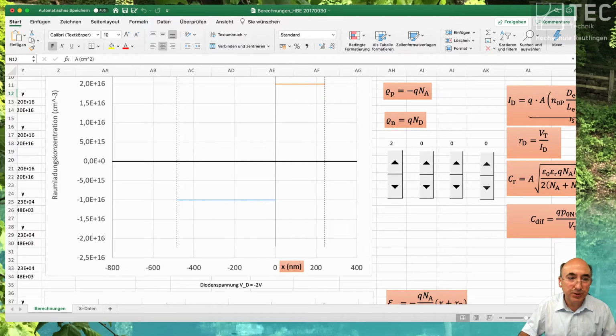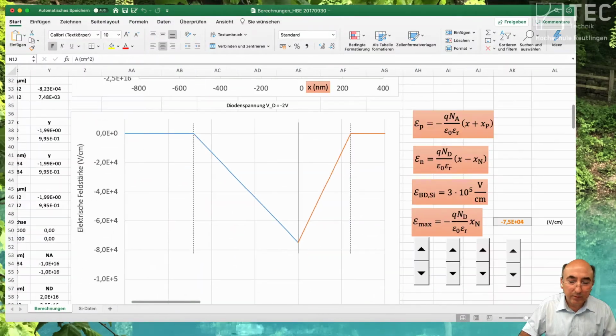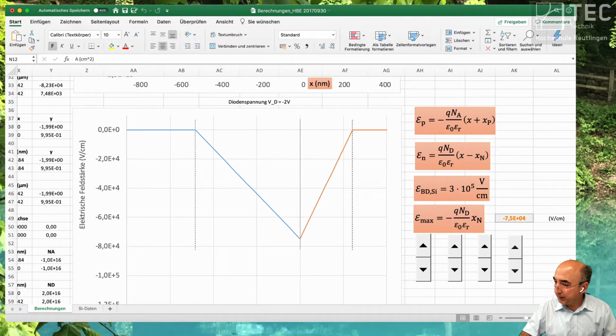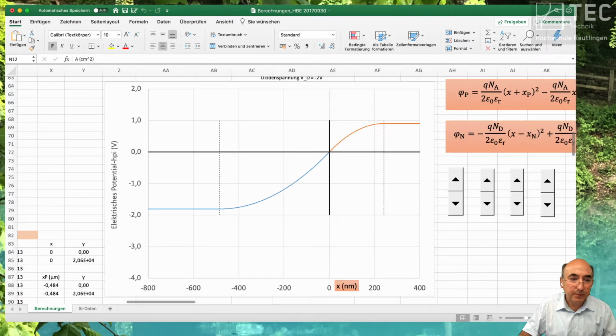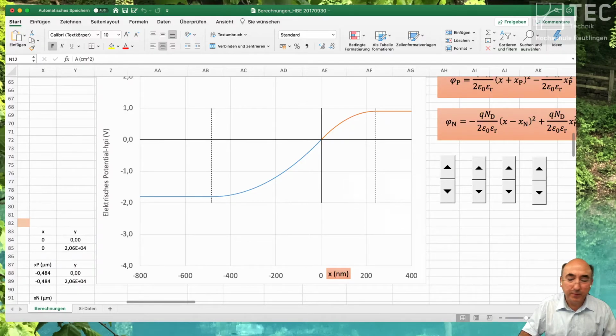So the space charge region increases, and you see that the electric field also increases for sure. And your band bending, the potential as a function of the location, also changes with the extension of the space charge.